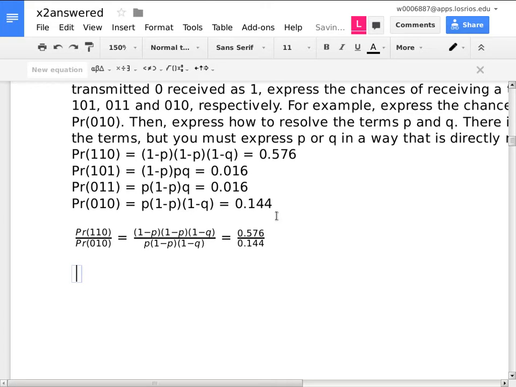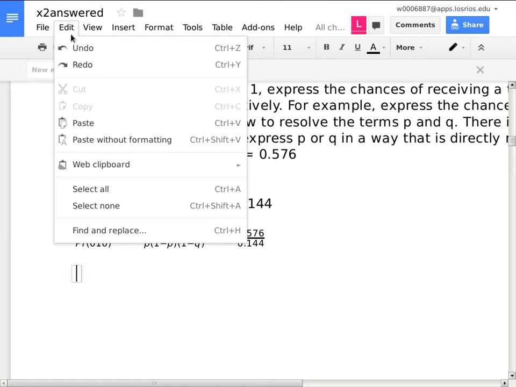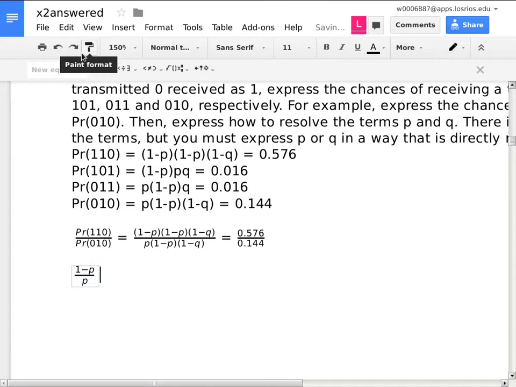This equals the other part, which is really just the ratio, the same thing, so I'm going to copy it from above: 0.576 and 0.144.